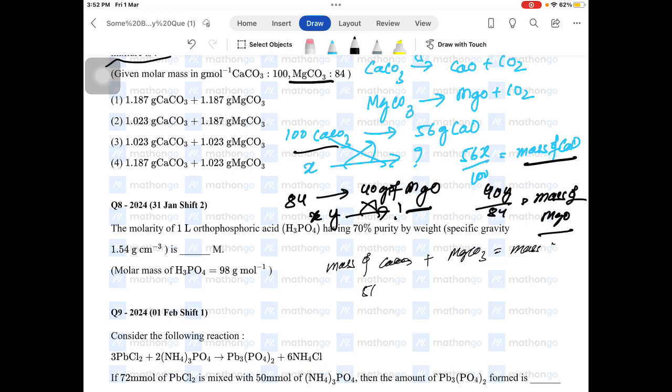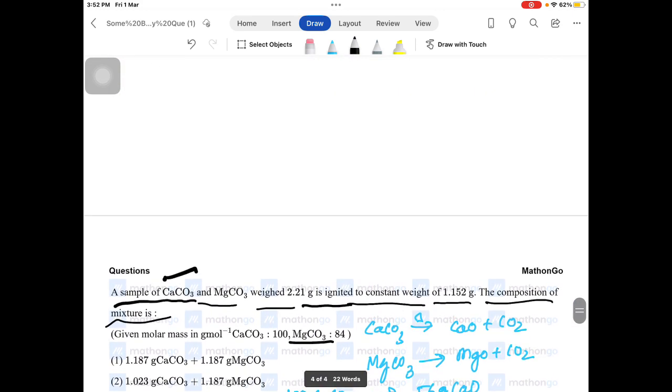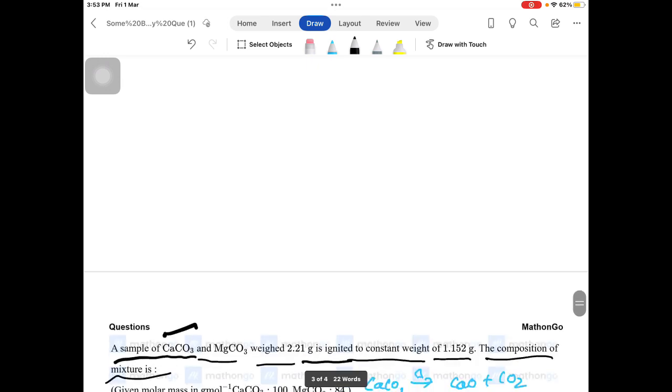So 56x by 100 plus 40y by 84 is equal to the mass of carbon dioxide produced.